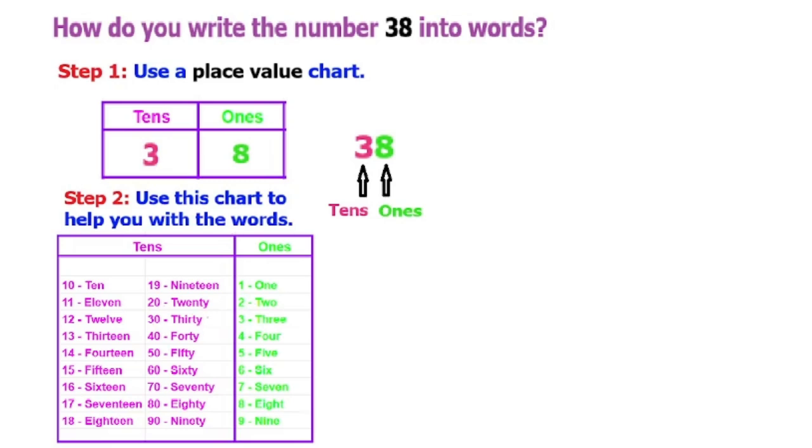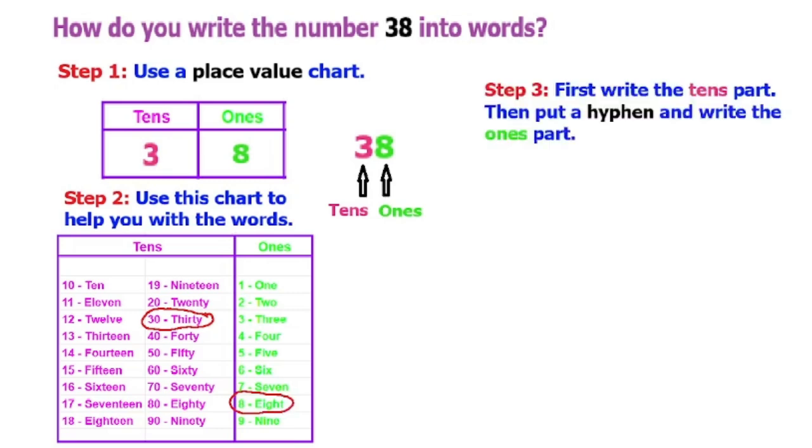So let's circle that. Then I go to the ones column and I see 8 is here. So let's circle that one.